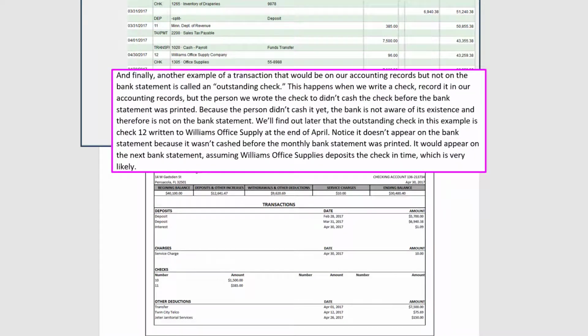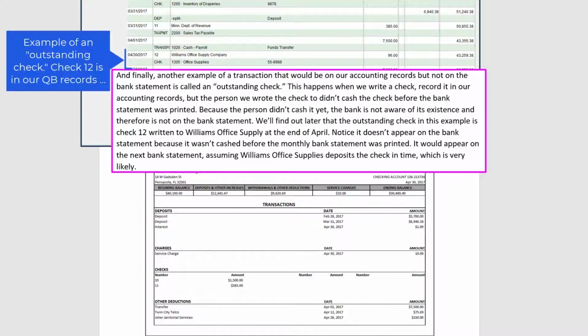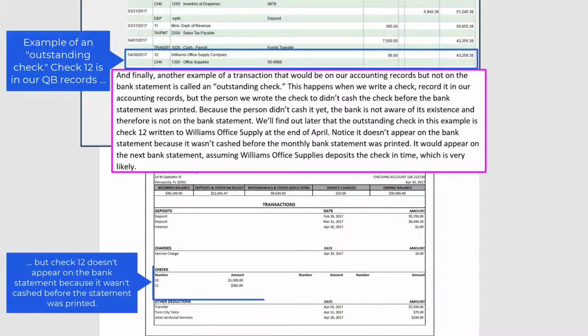And finally, another example of a transaction that would be on our accounting records but not on the bank statement is called an outstanding check. This happens when we write a check, record it in our accounting records, but the person we wrote the check to has not cashed the check before the bank statement was printed. Because the person didn't cash it yet, the bank is not aware of its existence and therefore it's not on the bank statement.